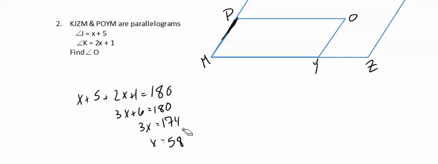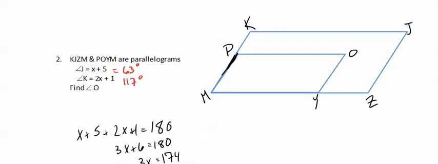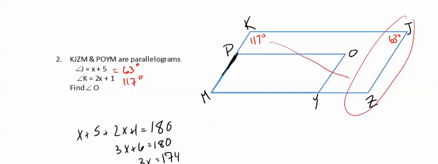And since x is 58, we'll plug it back in, and that will mean angle J will be 63 degrees, and angle K will be 117 degrees. Now, if we fill that into the chart, 117 degrees and 63 degrees, and we know the other properties, that this will have to be supplementary to that, or that these two are congruent to each other, I can fill in the rest of this parallelogram pretty easily.